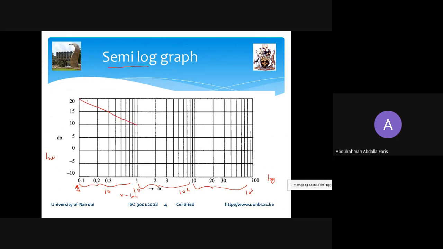They draw a line from here, let's say from 20, which is 0.1. So this is -20 dB per decade, right? They draw these lines first.